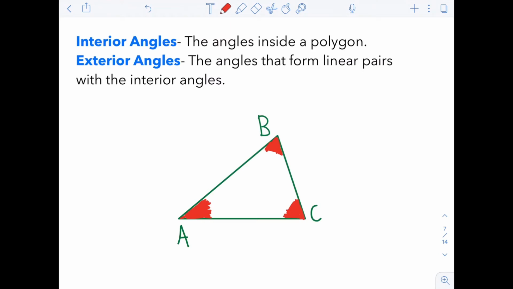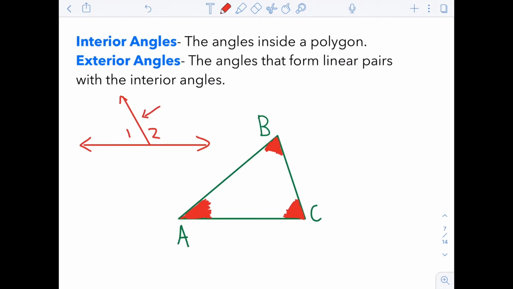But exterior angles are the angles that form linear pairs with the interior angles. So if you don't remember, a linear pair looks something like this. It's these two angles, let's say angle 1 and angle 2, that are adjacent, and adjacent means they have this common side.